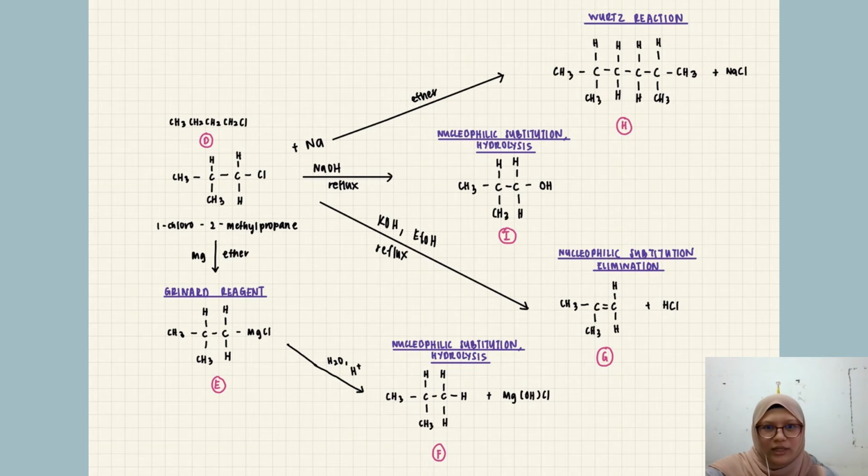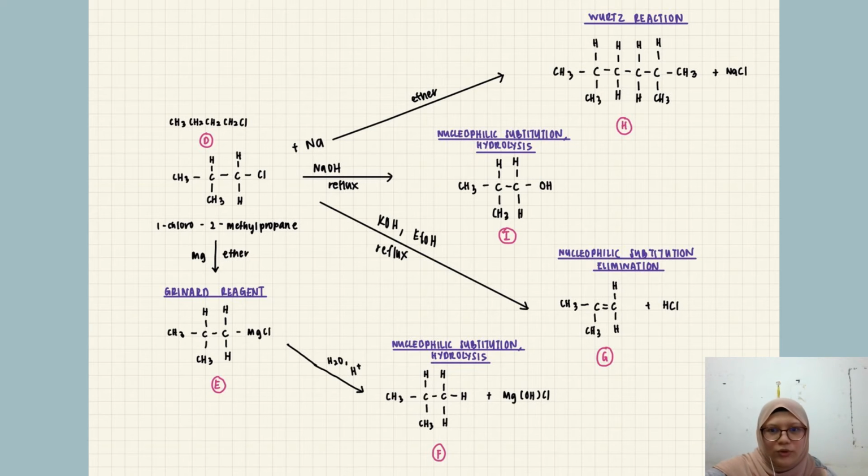Firstly, we look at the structure of H. It is given that structure H is C8H18, which is the product of D when reacted with sodium metal and ether. So basically this is the Wurtz reaction, and it also states that H possesses 2 tertiary carbons and is a symmetric alkane.